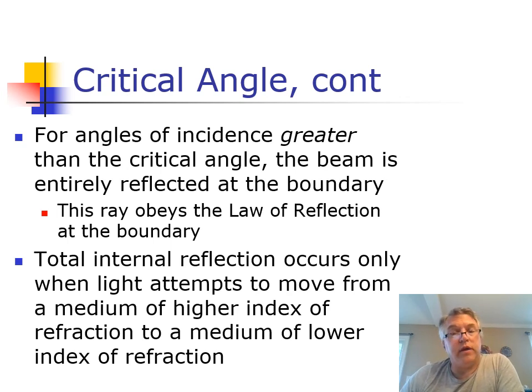And I can only have total internal reflection when I'm going from a medium that has a higher index of refraction to a medium that has a lower index of refraction. If I'm going from a medium where light is moving slower into a medium where light is going to travel faster, my refracted ray is always going to want to bend away from the normal. So we have to meet those two conditions in order to get total internal reflection.